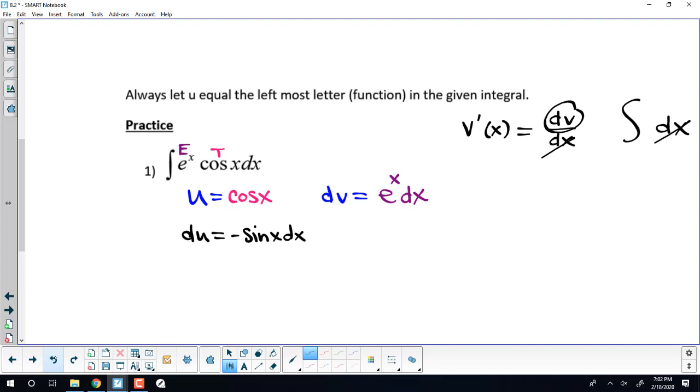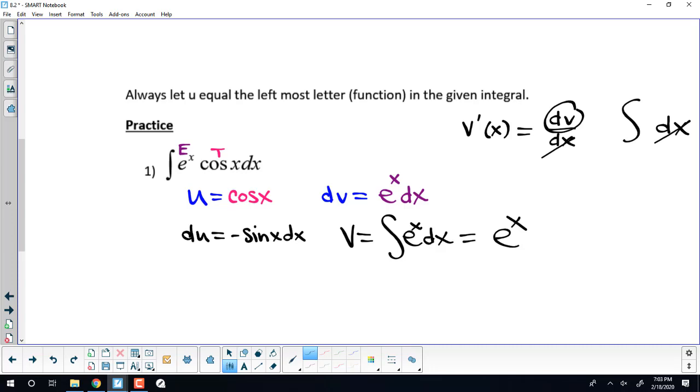To find v, we have to look at the antiderivative of dv. Generally, we don't write that out, we just figure it out. But that's what v is. v is the antiderivative. So our v is just e to the x.